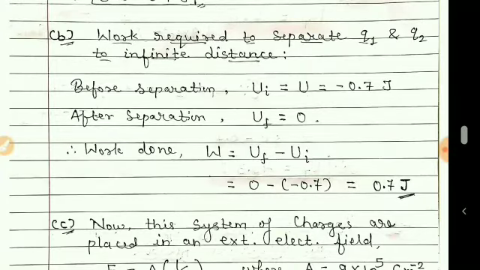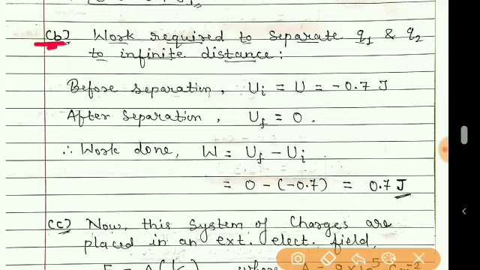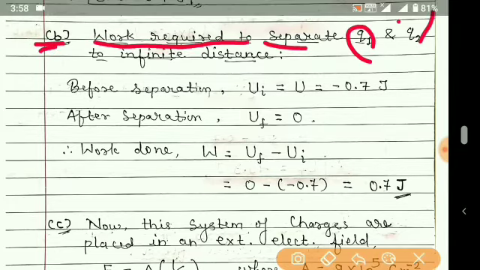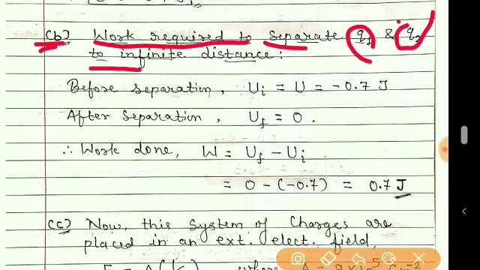Now next is the work required to separate these two charged particles to infinite distance. Now we know that when the two charged particles are separated by infinite distance, then their total potential energy will become zero. At infinity, the potential energy is zero.